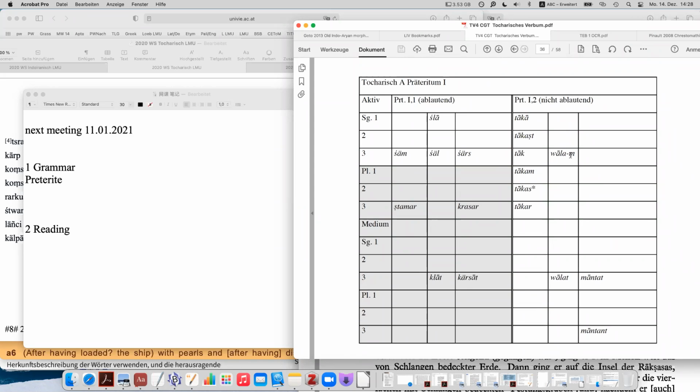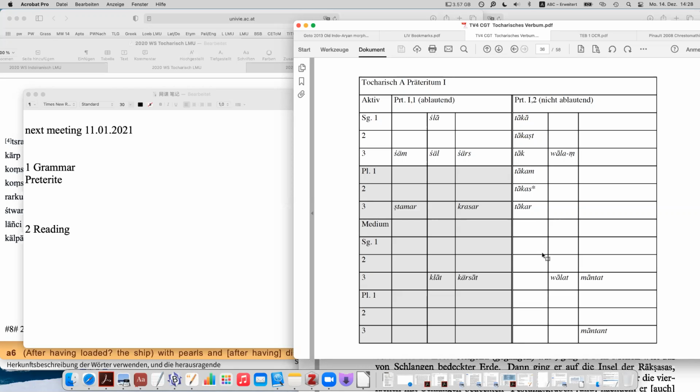But if we have an enclitic pronoun, which usually attaches to the verbal form, we will have an R in between, and sometimes you write a long R, but sometimes you have an R here. And then the plural, you have M, S, or Er. So this is for the active, okay?